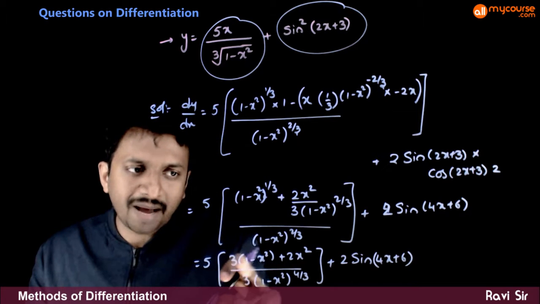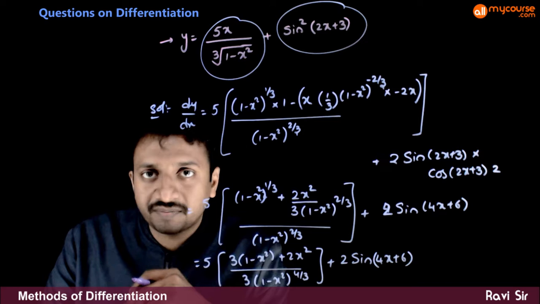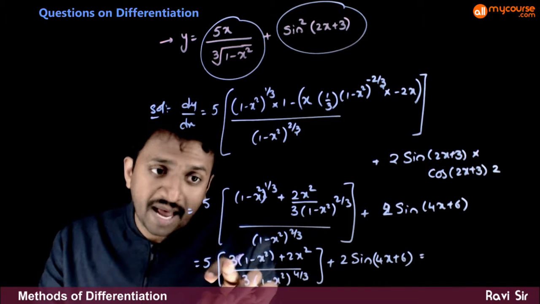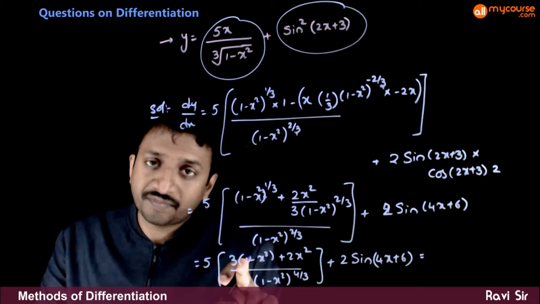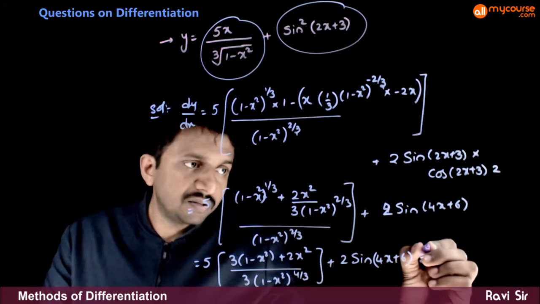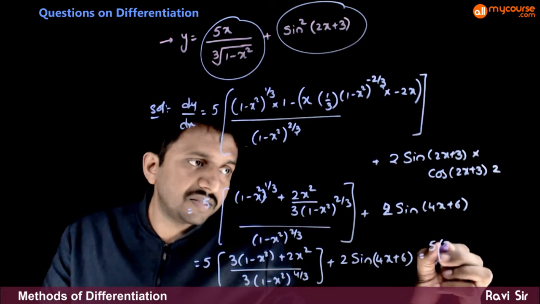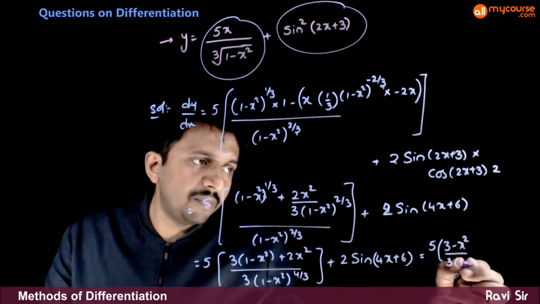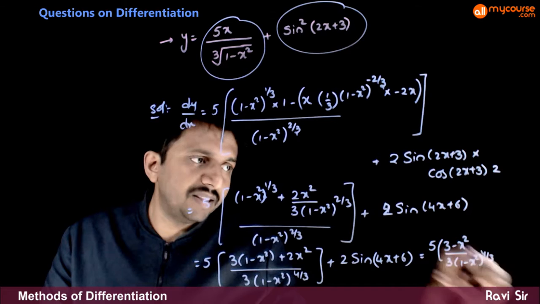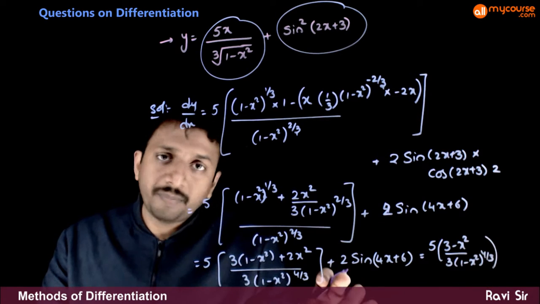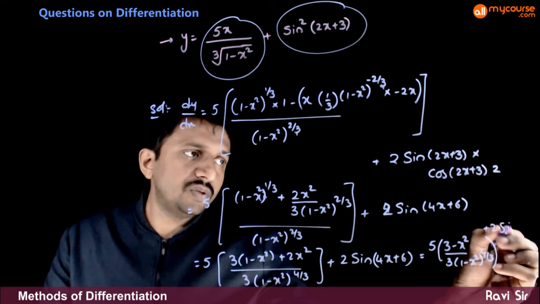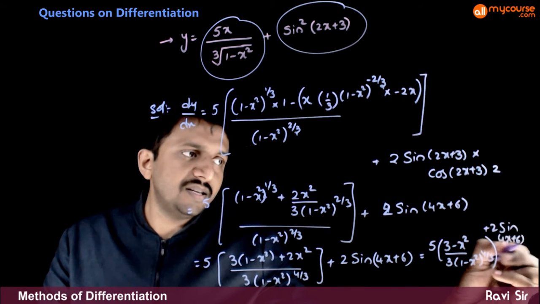So you have 3 minus 3x square plus 2x square, that is 3 minus x square. So effectively you have 5 times 3 minus x square by 3 times 1 minus x square whole power 4 by 3 plus 2 sine 4x plus 6. That is the answer.